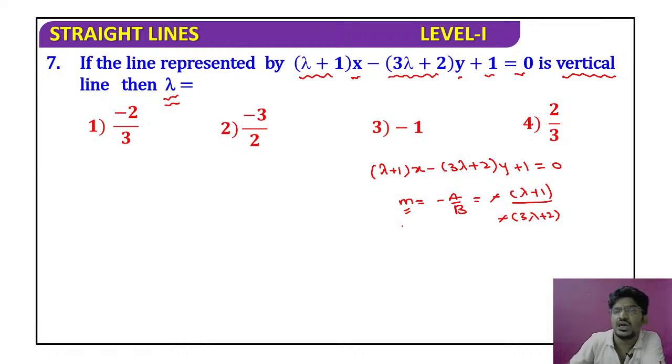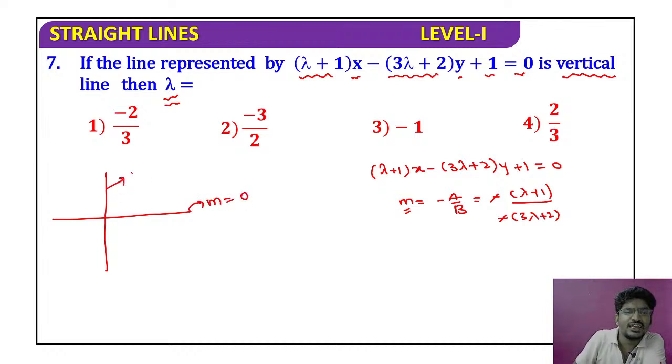So now you see here, what is the slope of a vertical line? See, this is a vertical line, this is a horizontal line. For a horizontal line, M is 0. For a vertical line, M is not defined. Okay. But how do we write not defined?